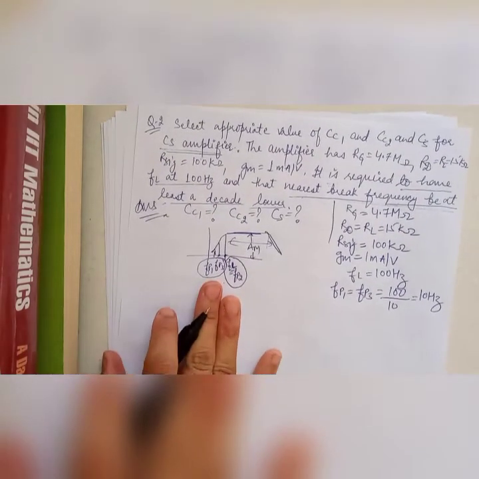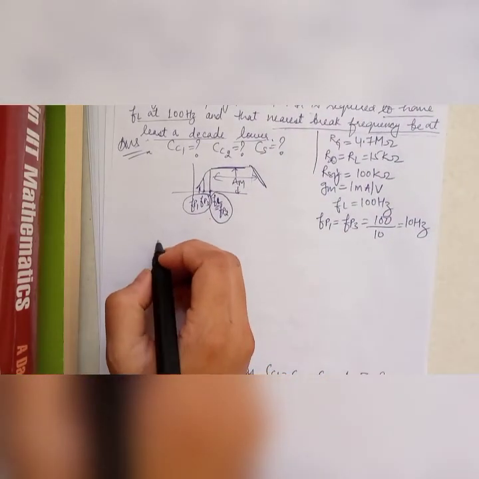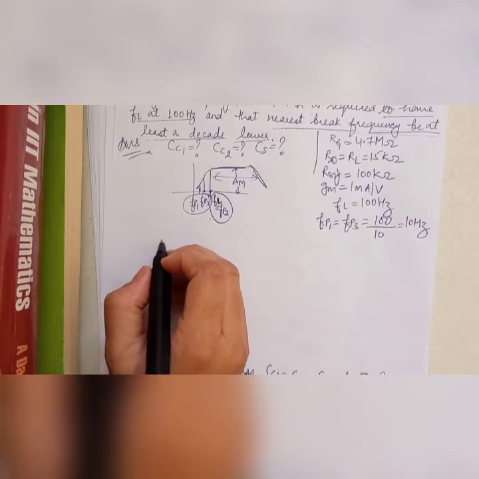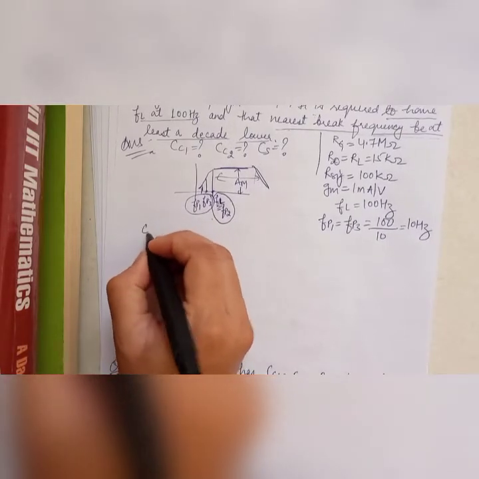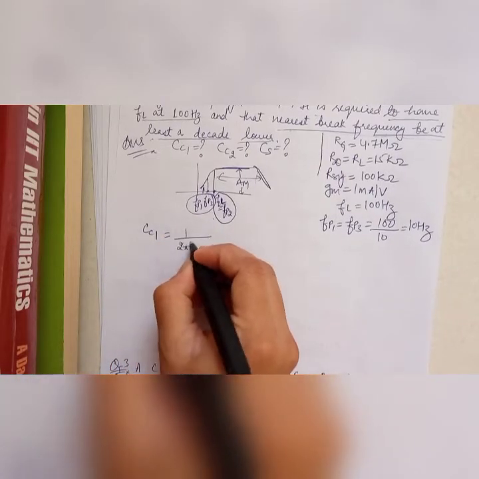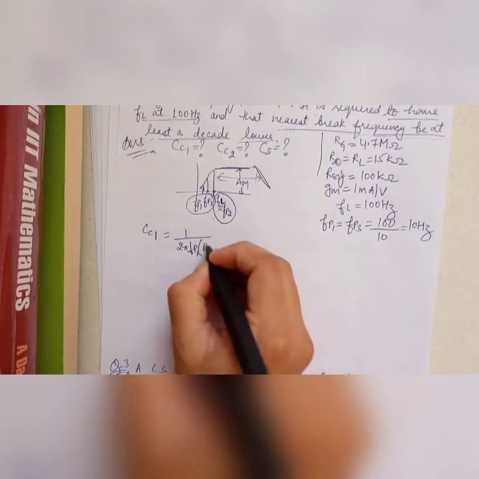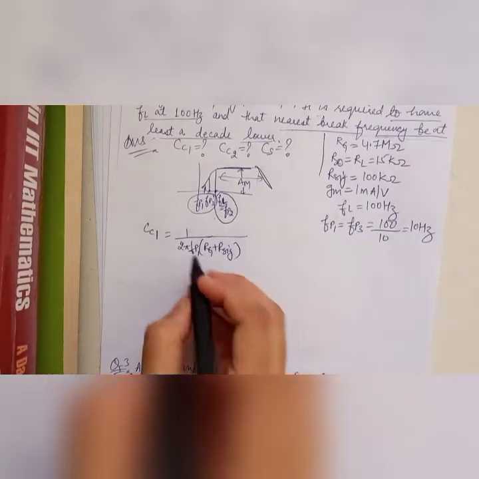Now we know the formula for frequency, that is FP1. So if we choose FP1, then using FP1 we can find out CC1, that is equal to 1 upon 2 pi FP1 (RG plus RSig), right?